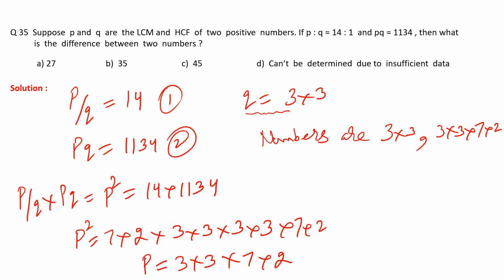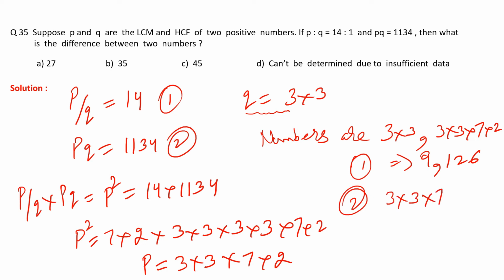That means 9 and 126. This is one option. Or the second possibility can be the numbers are 3 into 3 into 7, and the second number can be 3 into 3 into 2.